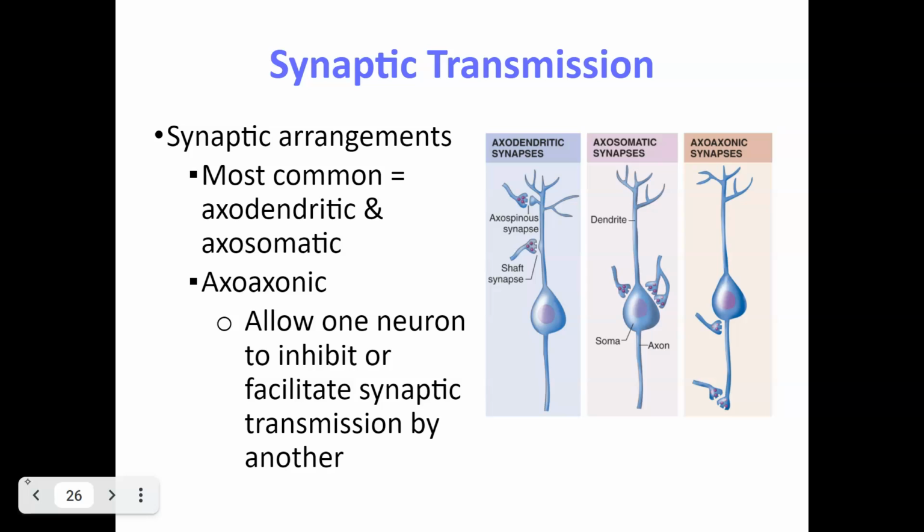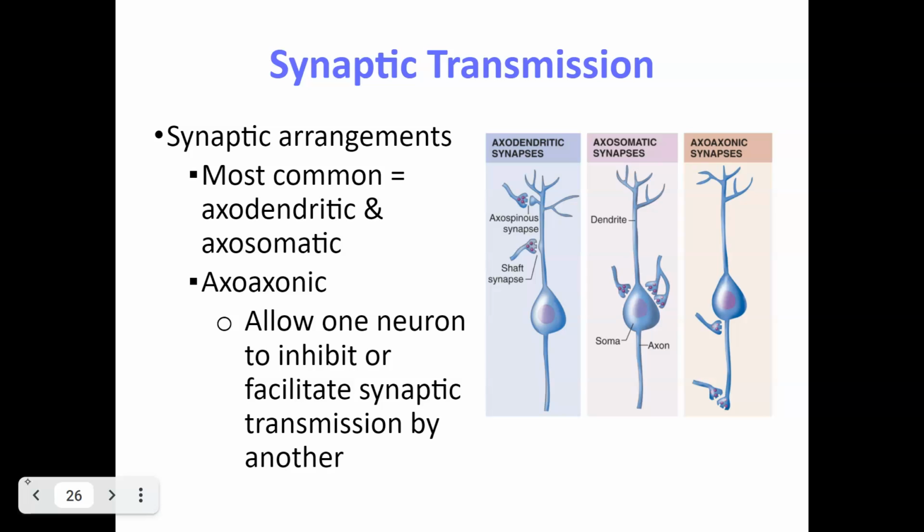But we also have axosomatic synapses, where the axon from the presynaptic cell is going to synapse with the cell body, or the cell soma, of the postsynaptic cell. And then finally, in the tan box, we have our axoaxonic synapse, where the axon of the presynaptic cell synapses with the axon of the postsynaptic cell.